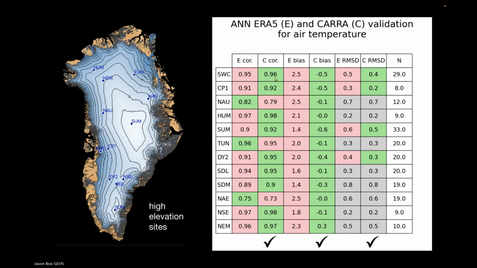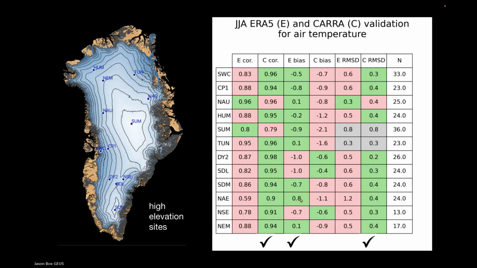But in summary, when the box is green, it's a more favorable correlation in general for CARRA, and the bias is lower at the annual scale for CARRA. So the check mark is it's doing better. And at the summer scale, it's actually ERA5 that has a lower bias for this collection of sites.